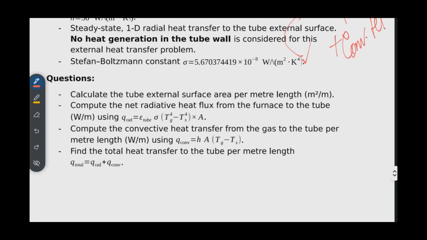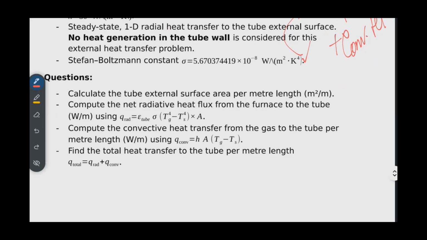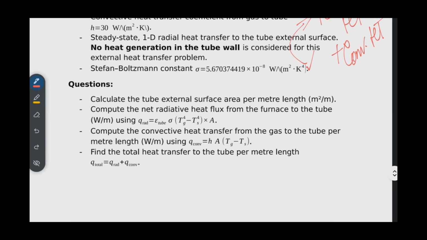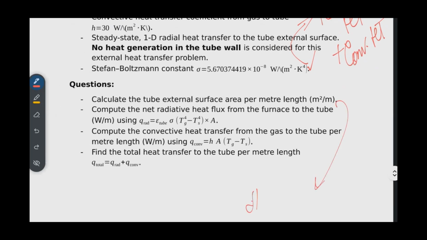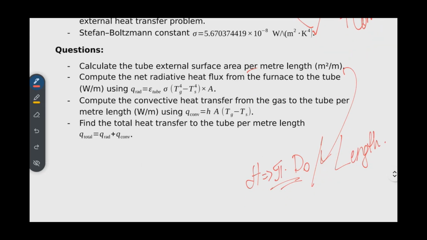So the question is, calculate the tube external surface area per meter length. It is simple. You will do A is equal to pi, the outer diameter. It is for the area per meter, so this is area per length. Then the second one, net radiative heat flux, which is so simple.